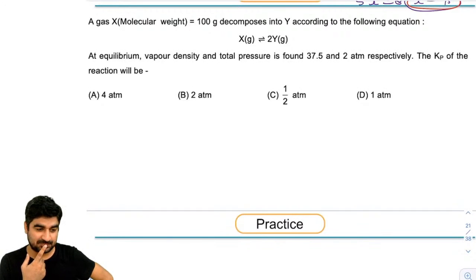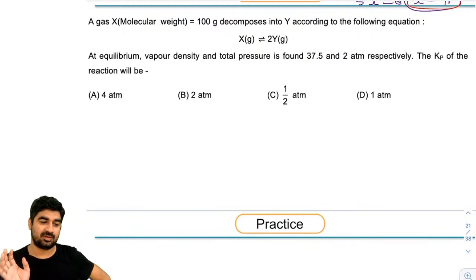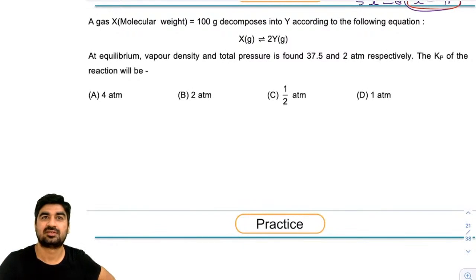Solve it. Simple problem, you can do it.